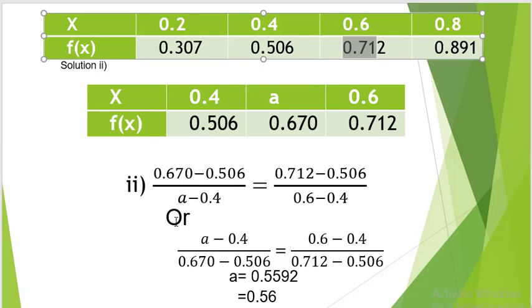But we have another option. Here I said a minus 0.4 over 0.670 minus 0.506 is equal to 0.6 minus 0.4 over 0.712 minus 0.506.